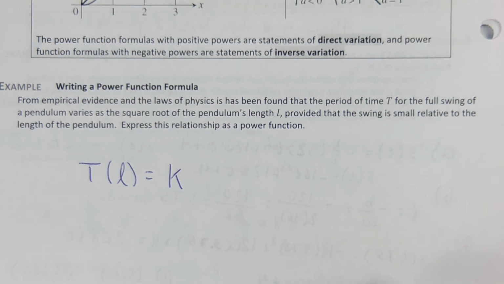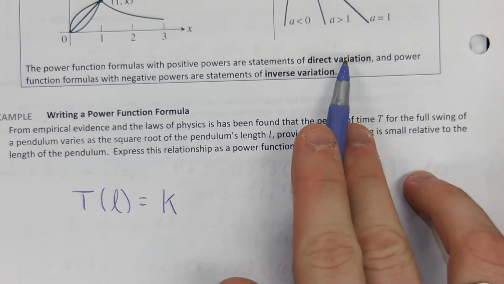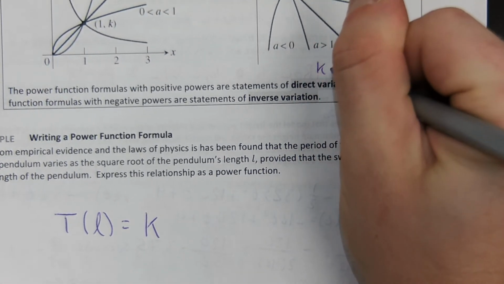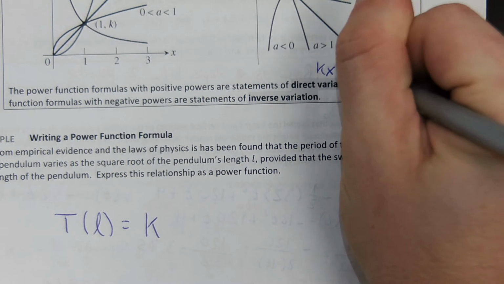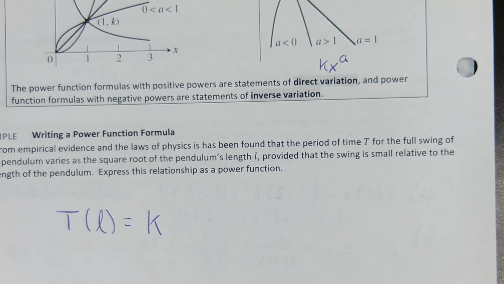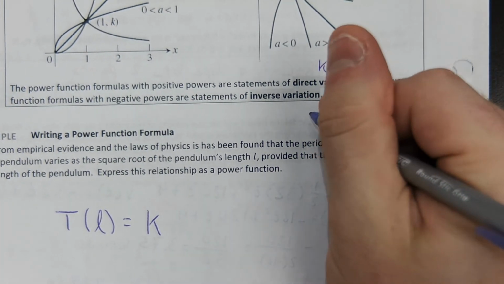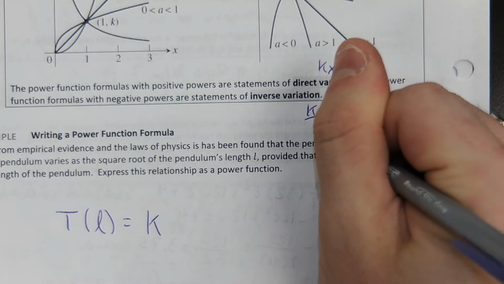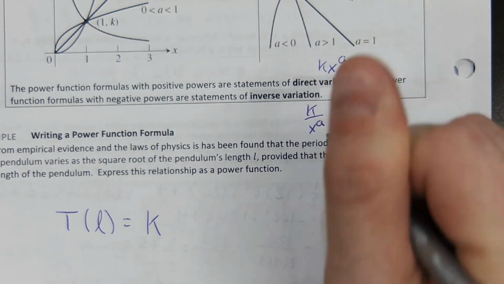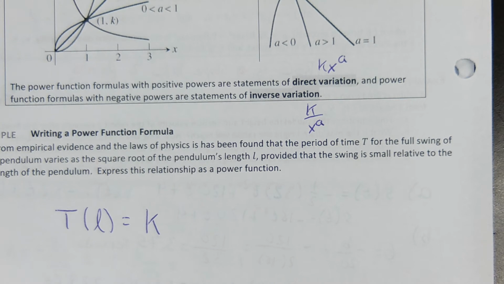For direct variation, you're going to get KX to the A, whereas inverse variation, you're going to get K over X to the A. So if it says varies directly or varies as, then you just put that K right in front of your X to the A.